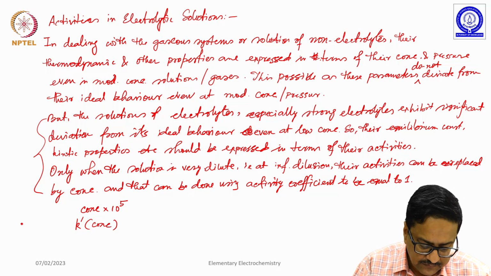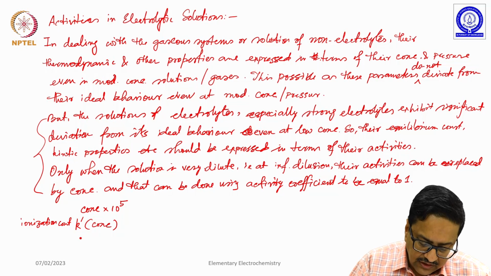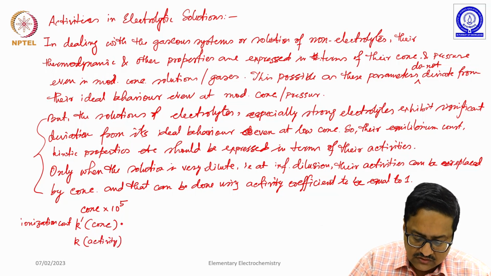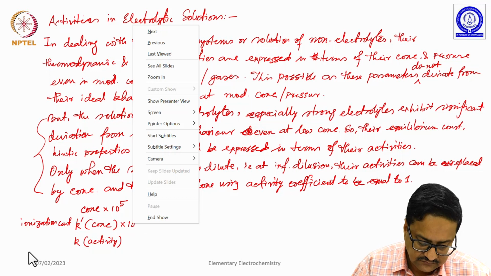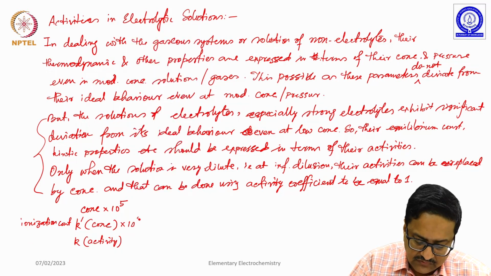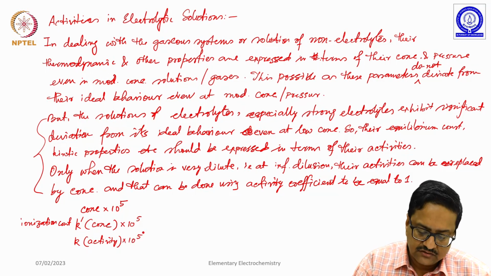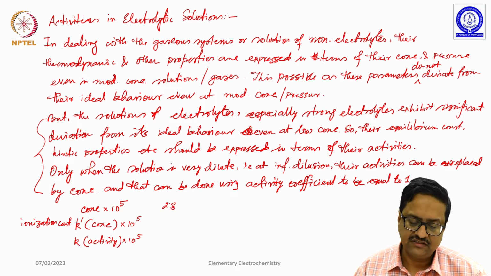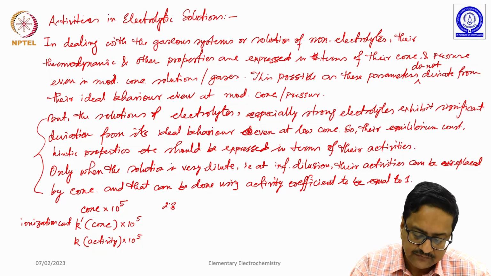This K prime is ionization constant and this value K using activity. So, K prime, these numbers are to be multiplied by 10 to the power 5. So, I am talking about concentration.